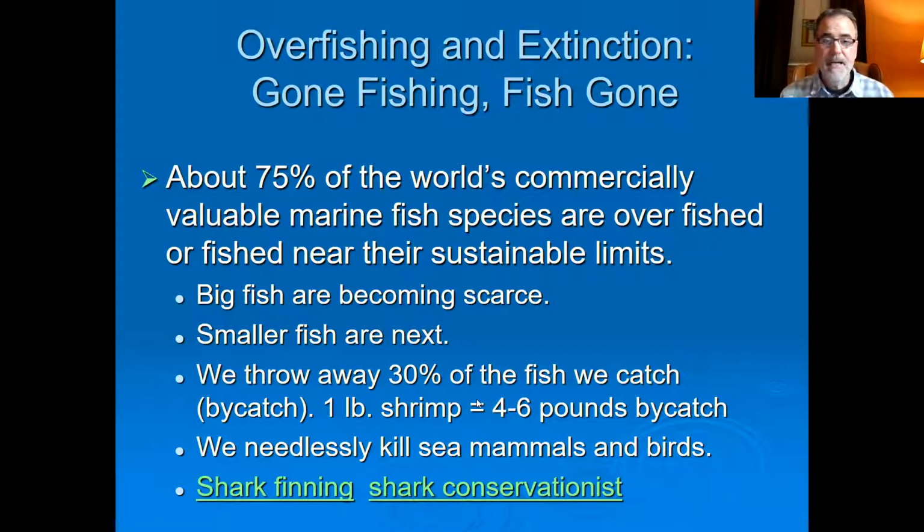However, they say if you're going to do that, you need to bring the whole animal back in. Well, what we find is that sharks are huge or can be huge. And so what some of them are doing is catching the sharks, sawing off the fins, and then throwing the body back overboard, often still alive.